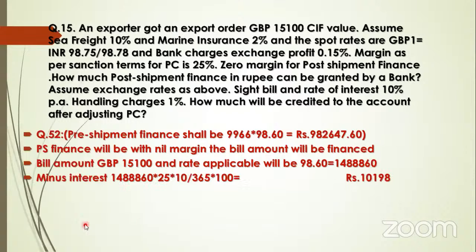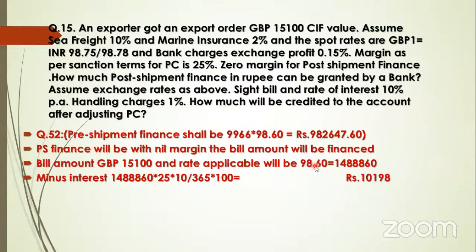How did you get 98.60? Already we applied it. 98.75 is the interbank base rate. This is an export remittance, so you have to go this side and subtract the bank's exchange margin. What is the bank exchange margin? 0.15. On 98.75, as in the earlier question itself, 98.75 minus 0.15 gives you 98.60.